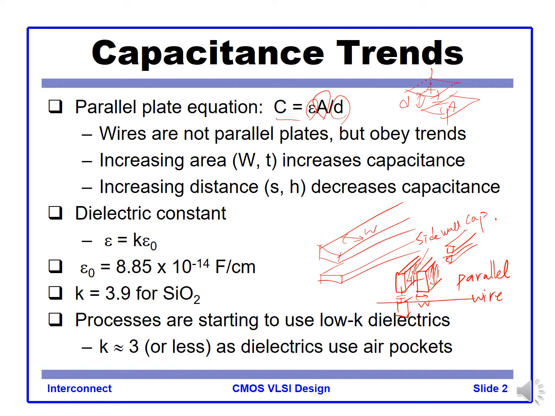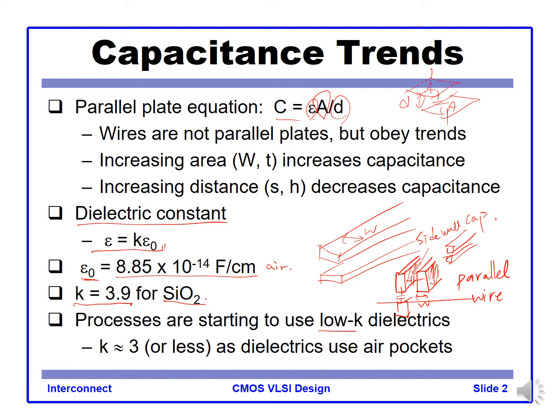The capacitance is also determined by the dielectric constant. The dielectric constant is K times epsilon 0, where epsilon 0 is from air. For silicon dioxide, K equals 3.9.